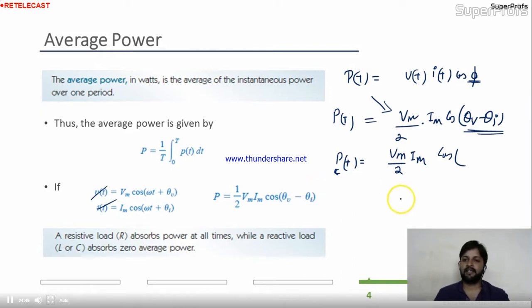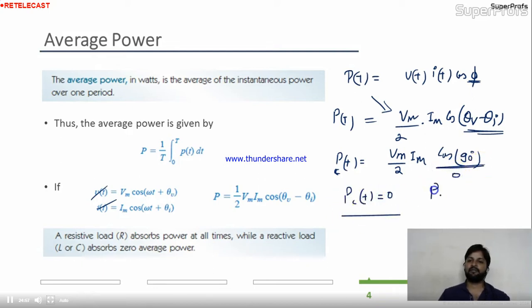So the phase difference between current and voltage for capacitor and inductor is completely 90 degrees. So cos 90 is 0. So power across a capacitor is 0, and power across an inductor for a given time is 0. That's why I'm saying L and C absorb zero average power.